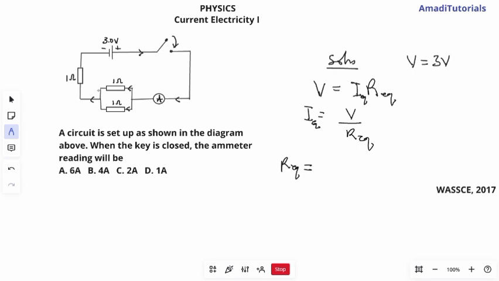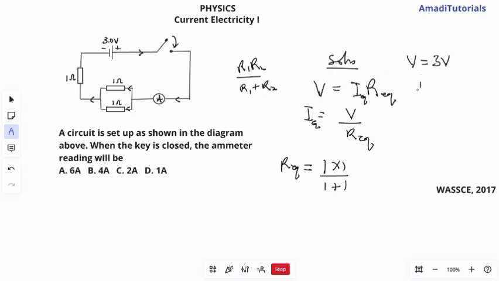So R equivalent, let me start with this one, 1 times 1 divided by 1 plus 1. When you have two resistors that are in parallel, you can do it as R1 R2 over R1 plus R2. That's if there are two resistors.